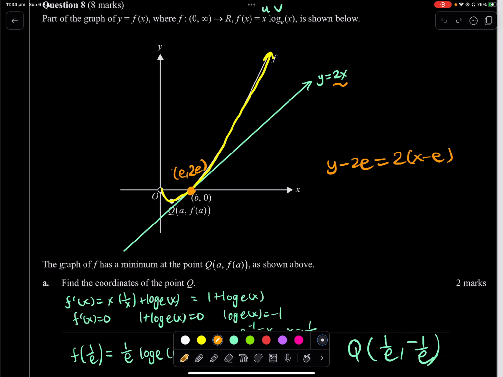I'm so confused. Wait, so I've got the gradient. I've got the gradient. And I found that point.